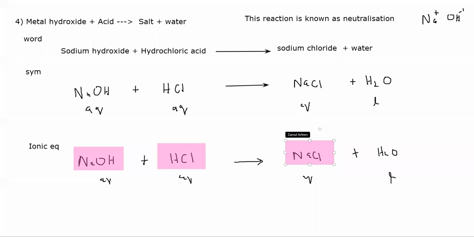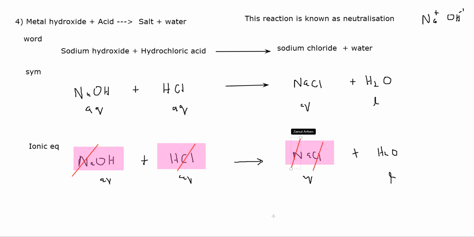Now how to complete this? We cancel out the common ions in the aqueous substances. Chloride ion is common, so we cancel out chloride ion. And sodium ion is also common, so we have 2 spectator ions, sodium ion and chloride ion. We cancel out sodium ions and chloride ions.